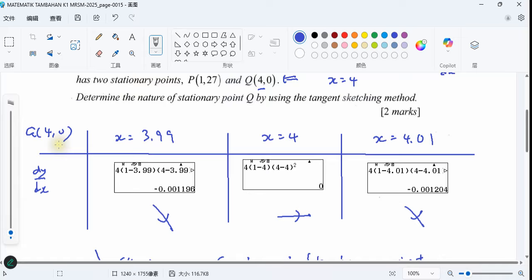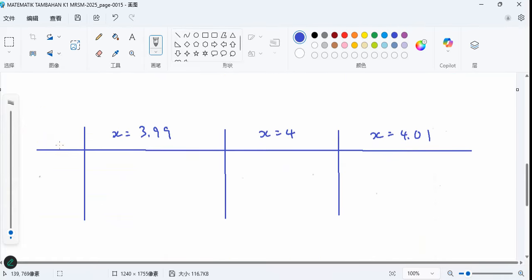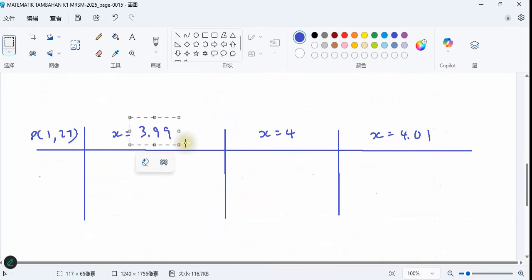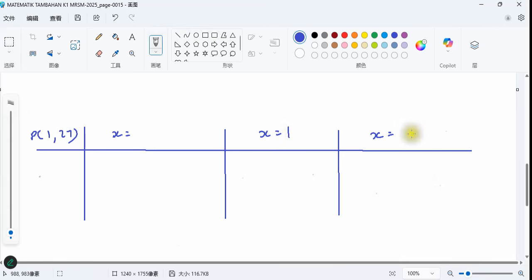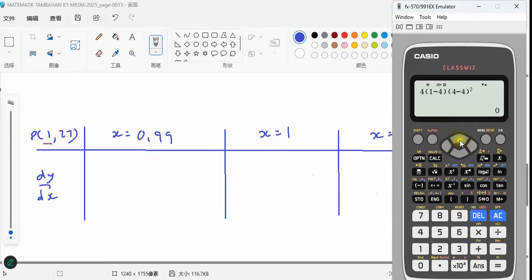So this one is Q. Q is at x equal to 4. P is at x equal to 1. This is the x part. Then we have 1.01 and 0.99, then the dy/dx. So we have 1 minus 1, and then 4 minus 1, then this is 0.